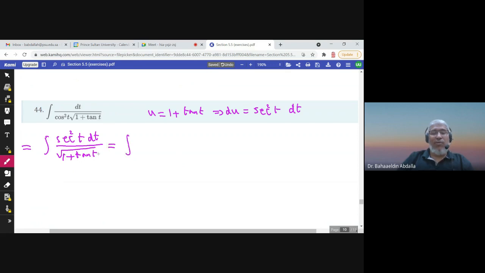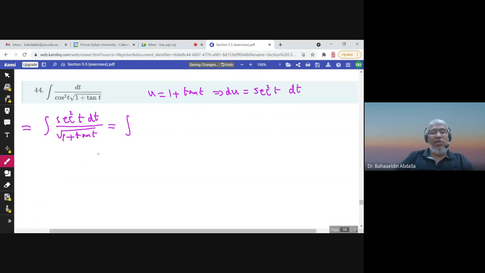So now secant square t dt is du, and 1 plus tan t is u. This would be u to the power negative half. So this is the integral. And u is 1 plus tan t. So that's the answer.